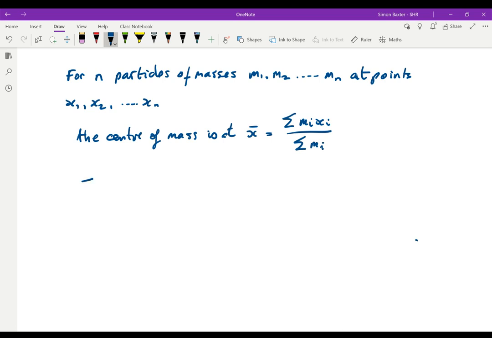You will find this in your textbook, M2, on pages 31 to 34.